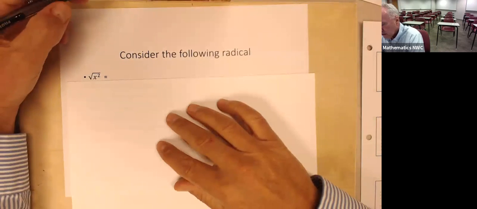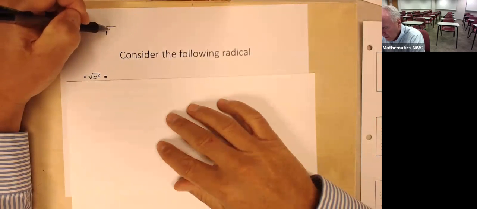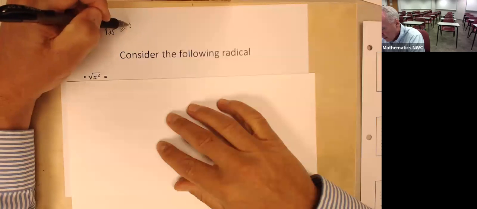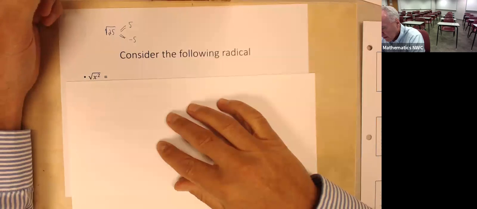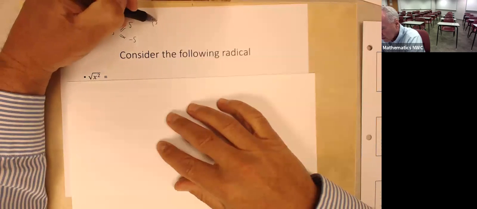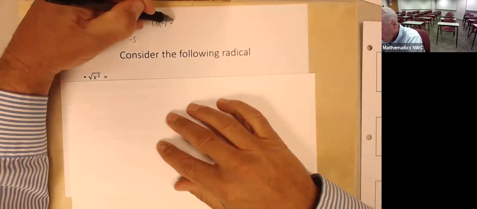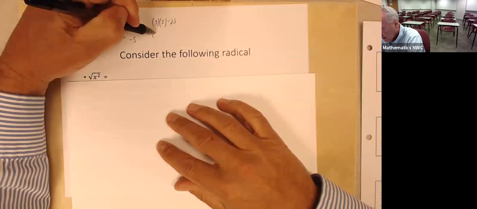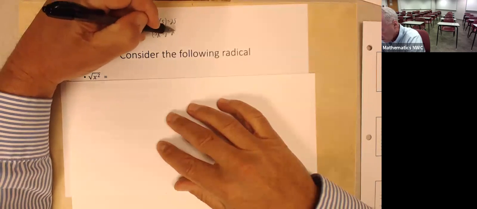It kind of has to do with the concept of the square root of a number that's a perfect square. We sometimes will call it 5, sometimes we'll call it a negative 5. And both work because 5 times 5 does give you 25, which means 5 has to be the square root, but also a negative 5 times a negative 5 is equal to 25.